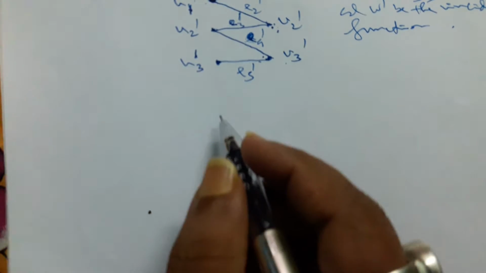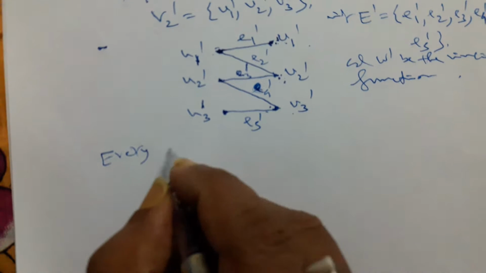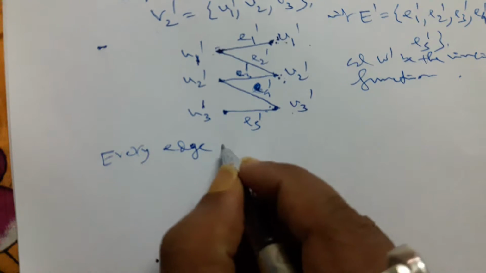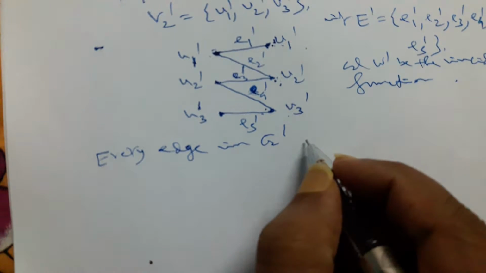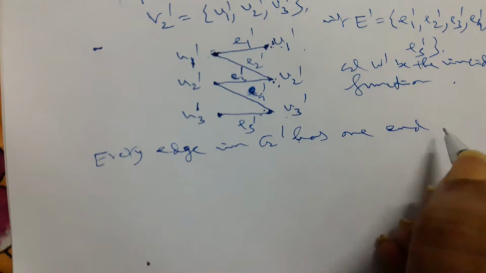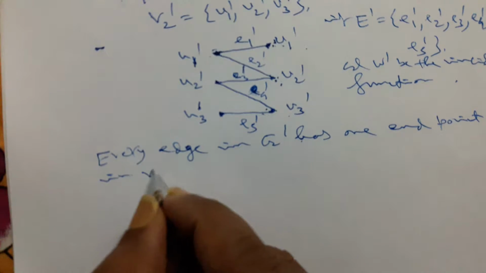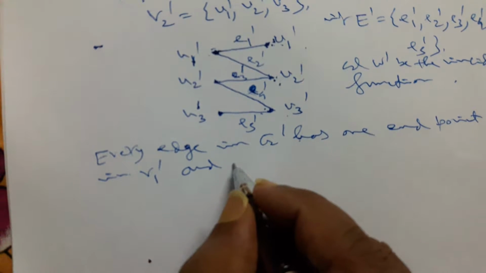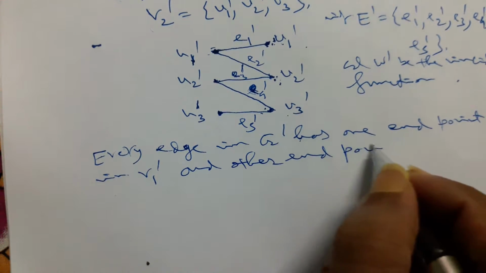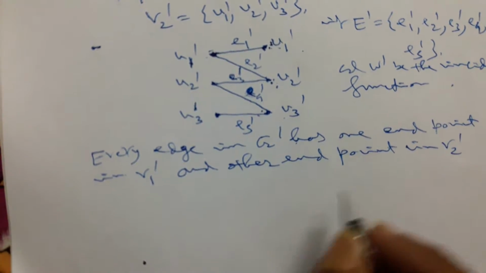So we can conclude that every edge in G dash has one end point in V1 dash and the other end point in V2 dash.